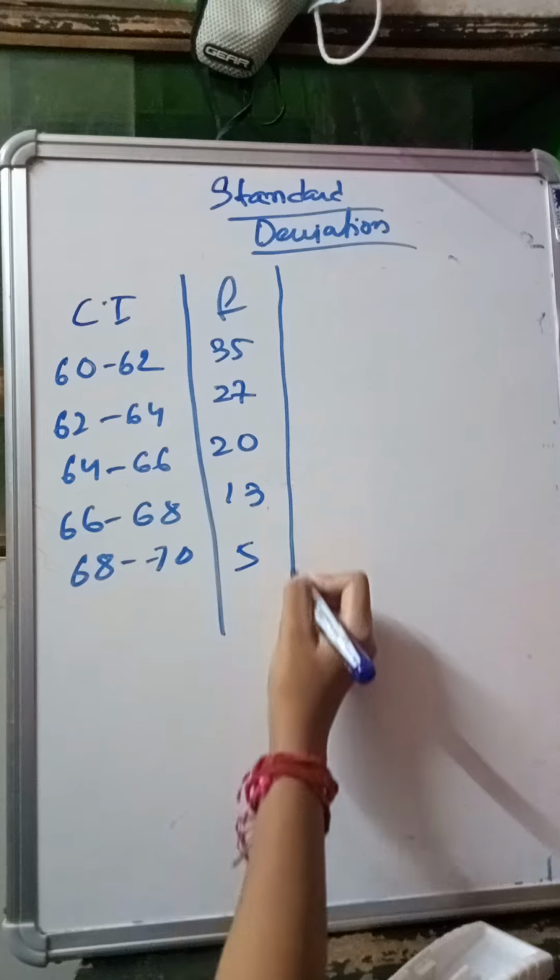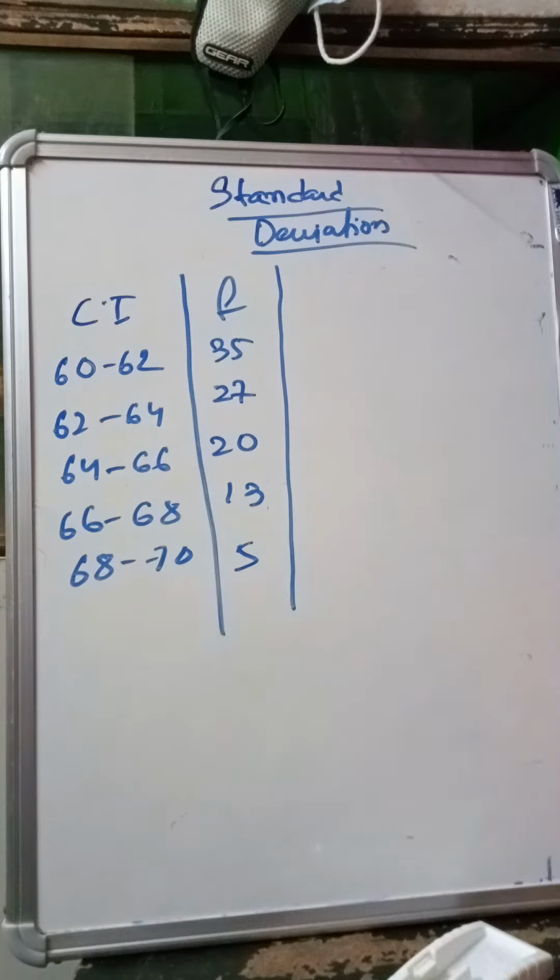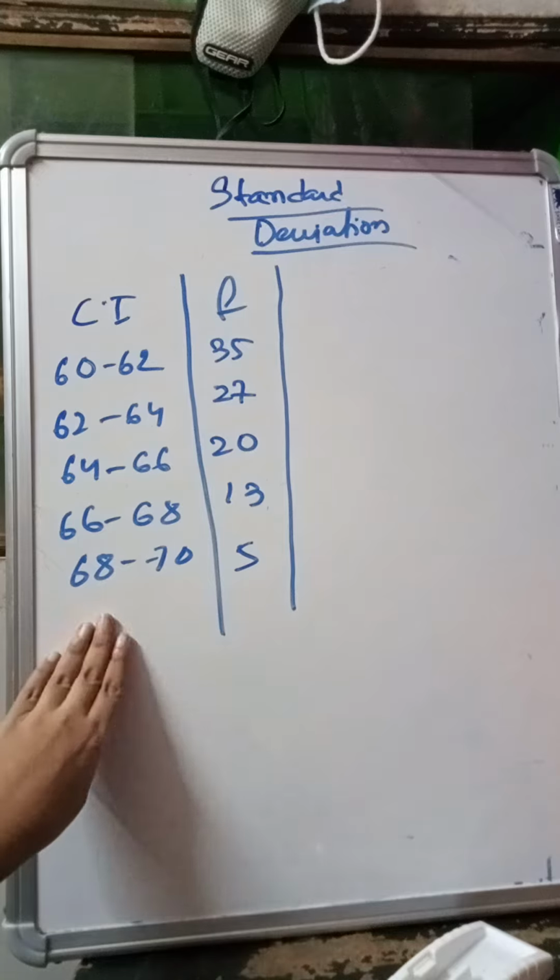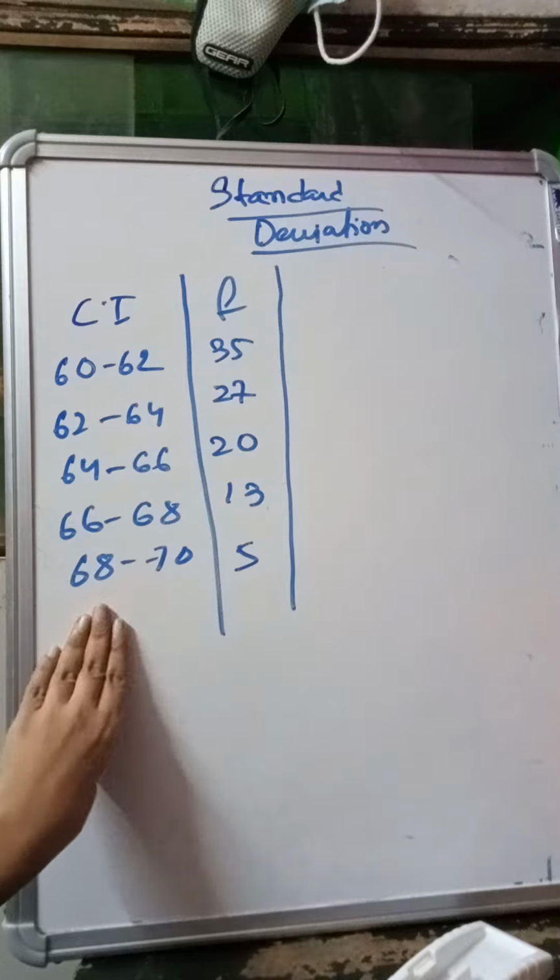Now whenever you are provided grouped data, always remember that we have to find the class mark or the mid value. I am repeating, whenever you are provided grouped data, we have to find out the class mark or mid value.